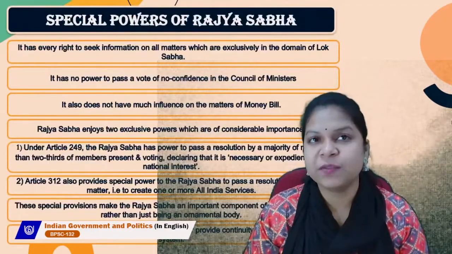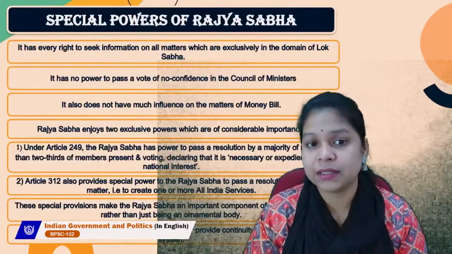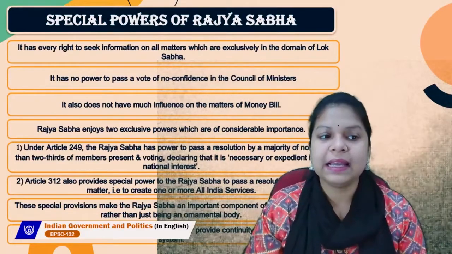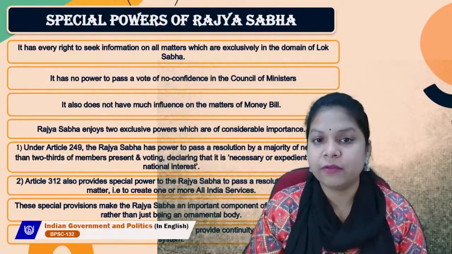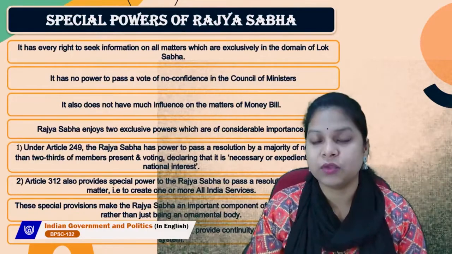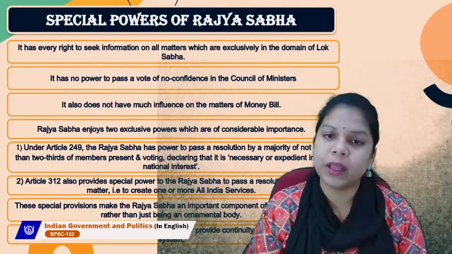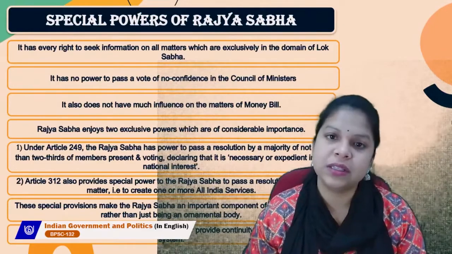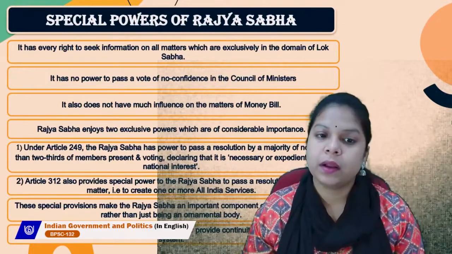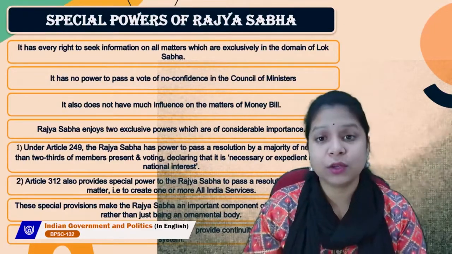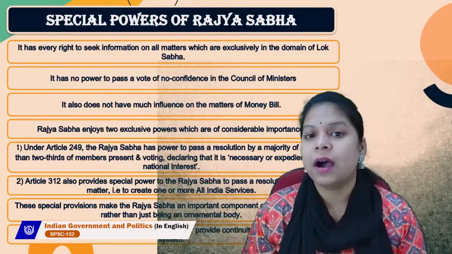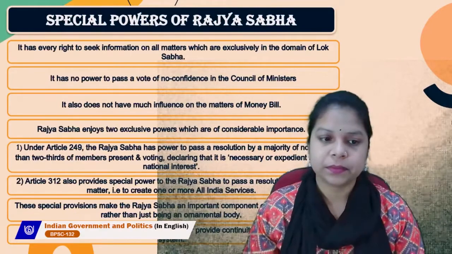Let's talk about the special powers of Rajya Sabha. Rajya Sabha has some special powers. It has every right to seek information on all matters which are exclusively in the domain of Lok Sabha. So this is a special power allotted to Rajya Sabha.